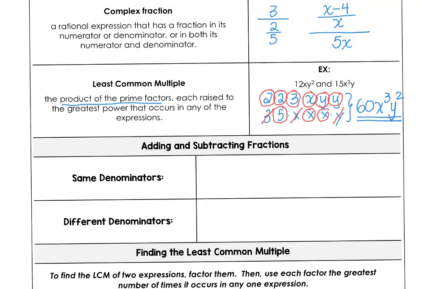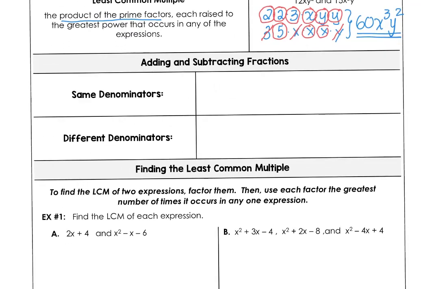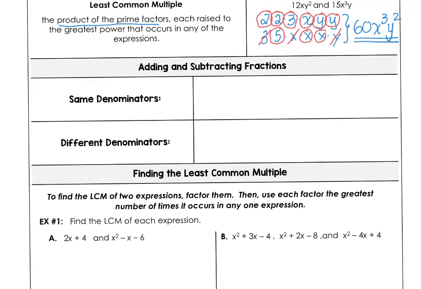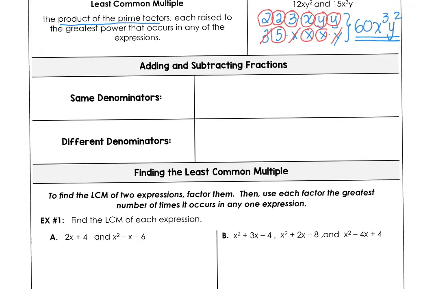Then when we add and subtract fractions, if you have the same denominator, say you were going to add up a divided by c and b divided by c, because they had the same common denominator c, we could simply add a plus b.